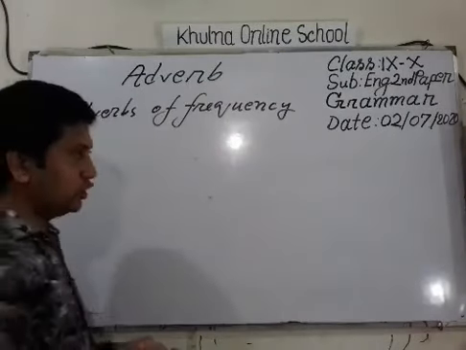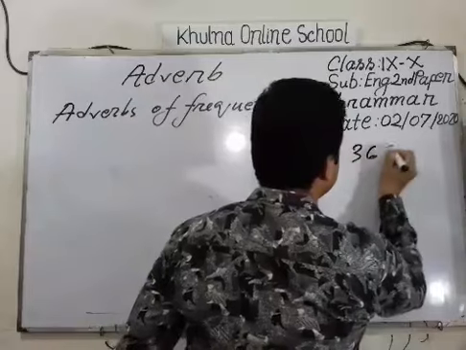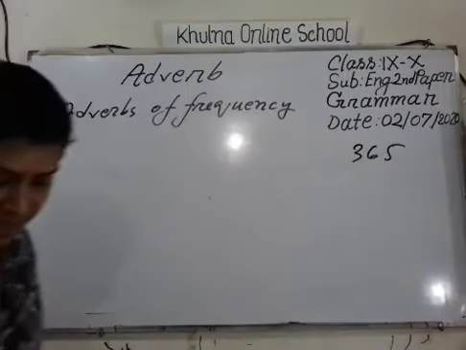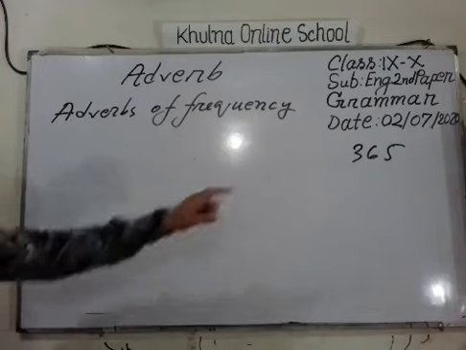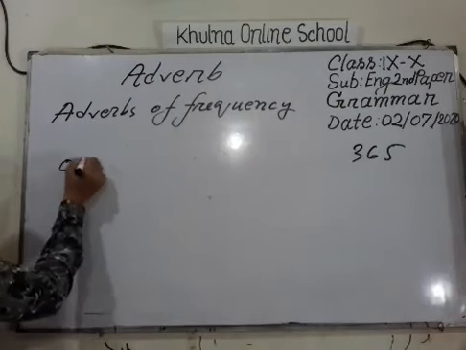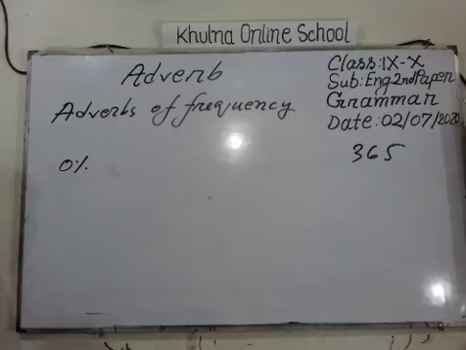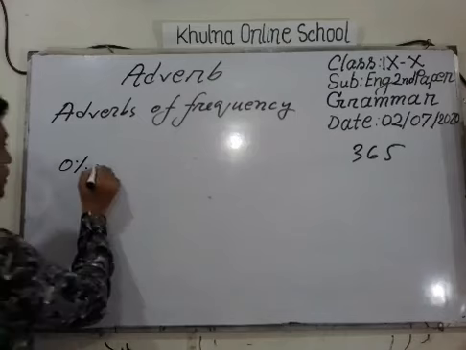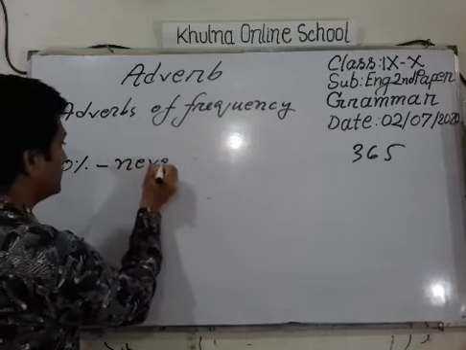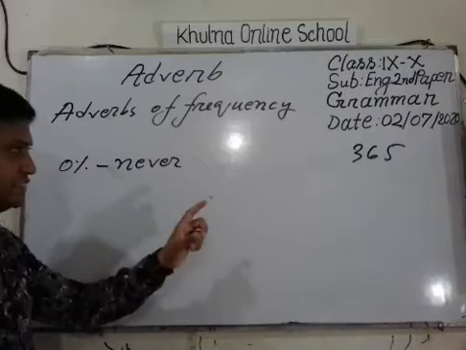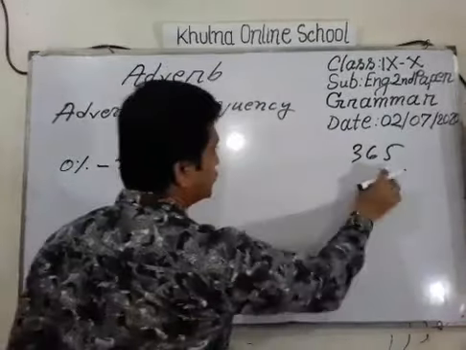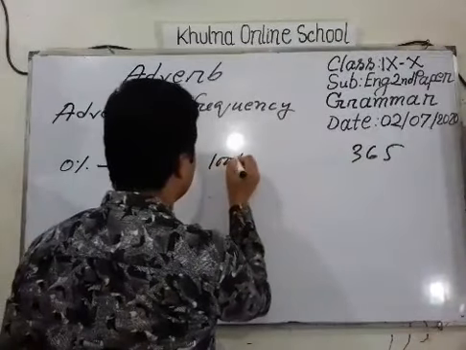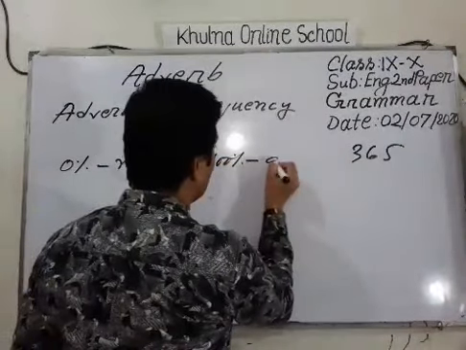Always think of a year, 365 days. Number 1, if your activity is 0%, you can write never. But if your activity is done 365 days, that means 100%, it means always.